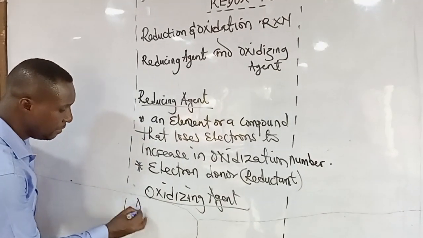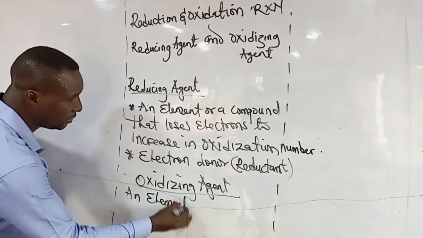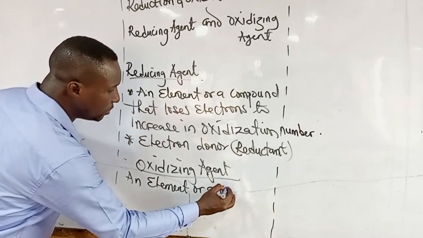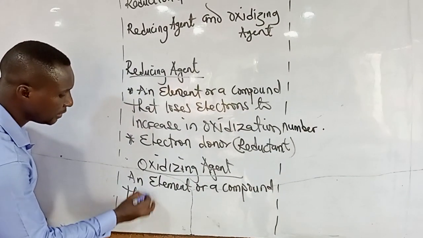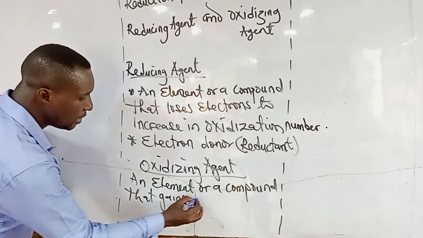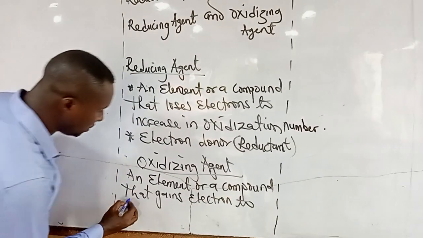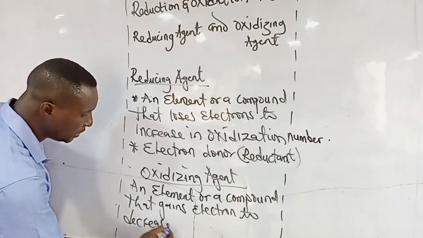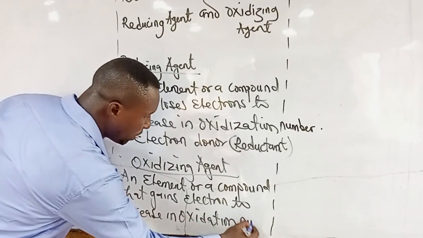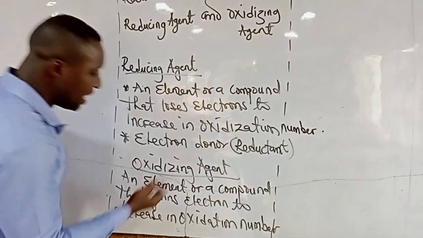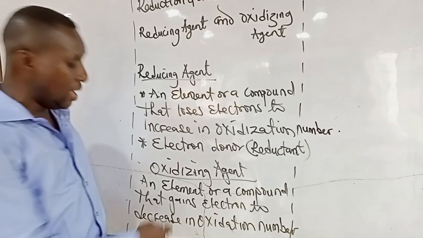It could be an element or a compound that gains electron to decrease in oxidation number.